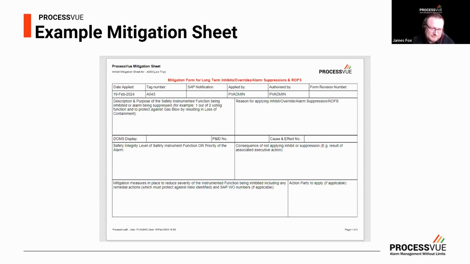For example, if you were managing an offshore asset and you've got a paper-based logbook, if you wanted to review the governance of your inhibits and overrides, that would involve a costly trip offshore to be able to go and have a look at the logbooks and find out what's happening. However, with ProcessVue, because it's a web client, you could log on from the comfort of your office without having to go to the asset and then start reviewing those inhibits and overrides and the actions that have been taken around them.